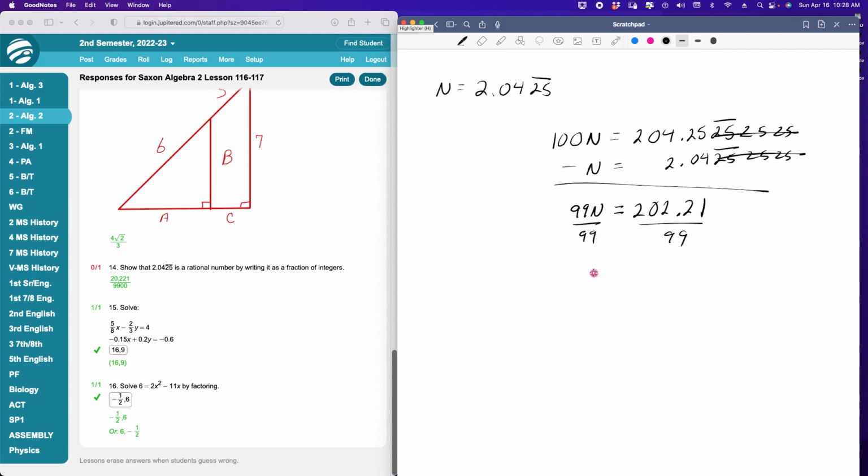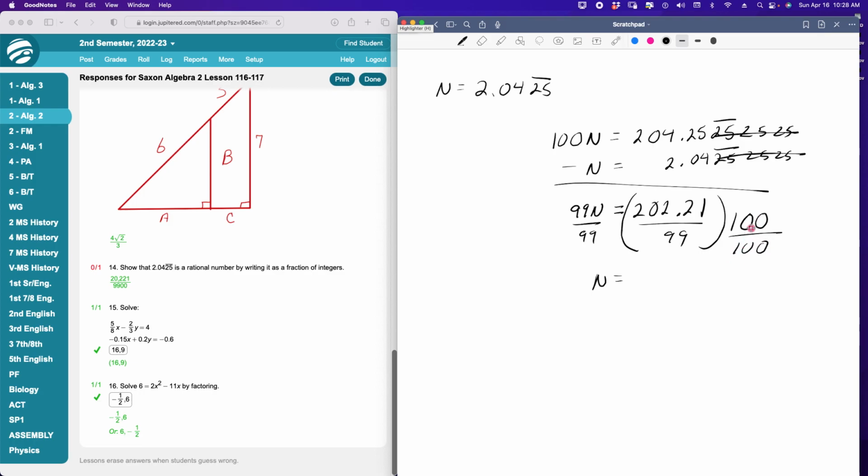So we know when we have a number times a variable, we divide both sides by that number. N is equal to, we don't want to have a decimal over a fraction. So we're going to take the number of decimal places we have, which is 2, and multiply that by 100. 2 zeros, 2 decimal places, 2 zeros. So what that does is that it's going to be 100 over 100.